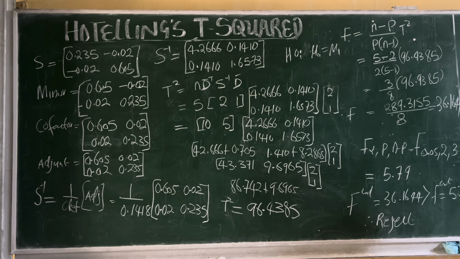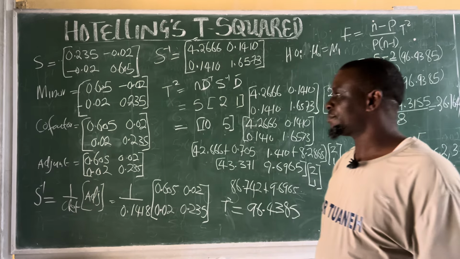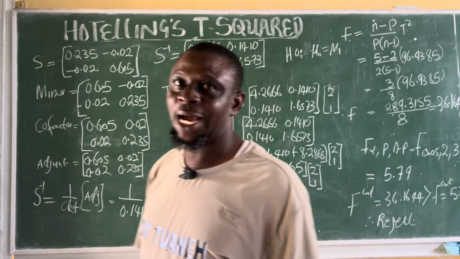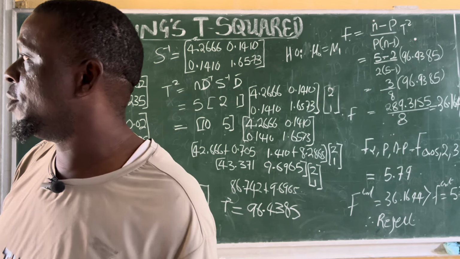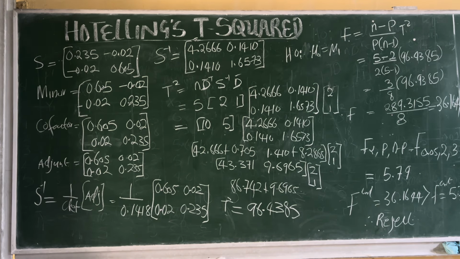So there would have been an impact as claimed by the community, because what was is not the same as what is. So the physiochemical parameters before and after are not the same. Particularly, the pH and dissolved oxygen before are not the same as the level of pH and dissolved oxygen after.